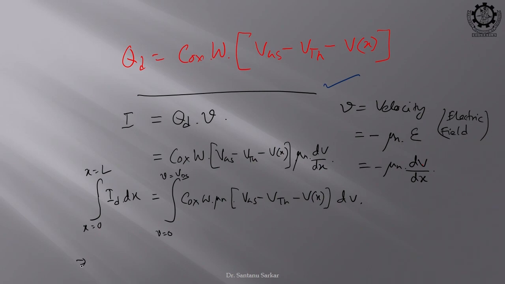Okay. So, what do you get if you integrate this? On this side you will get ID into L, right. On this side, Cox W mu n [(VGS minus VTH) V minus half V square], right. With V equal to VDS, it should be (VGS minus VTH) VDS minus half VDS square, agree?